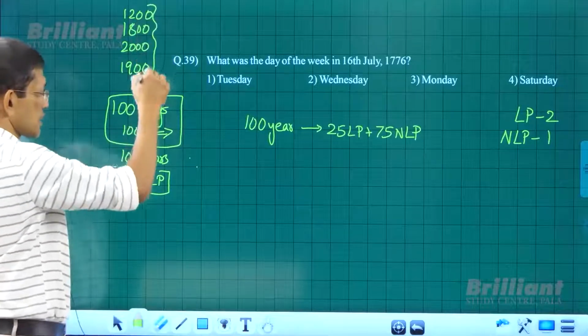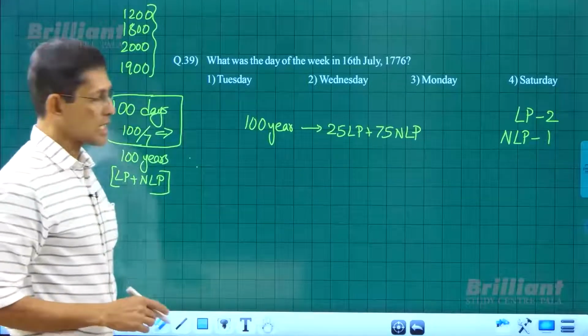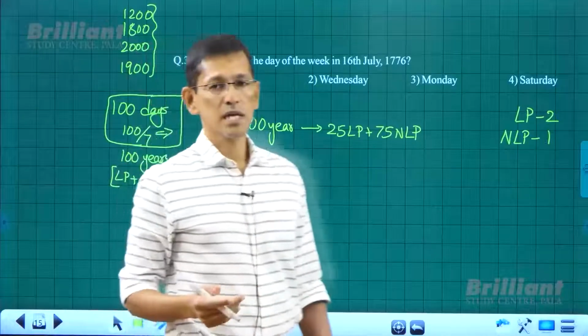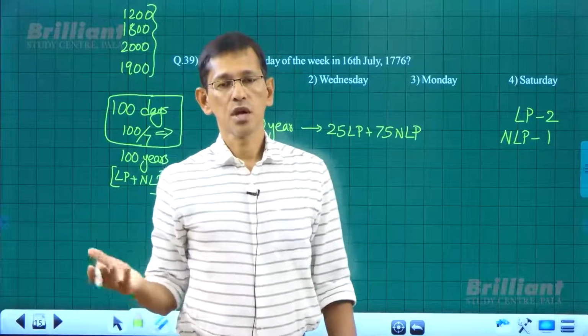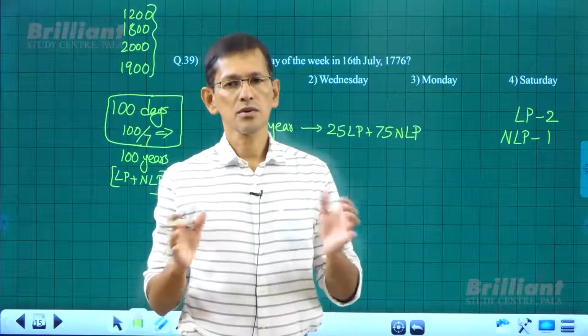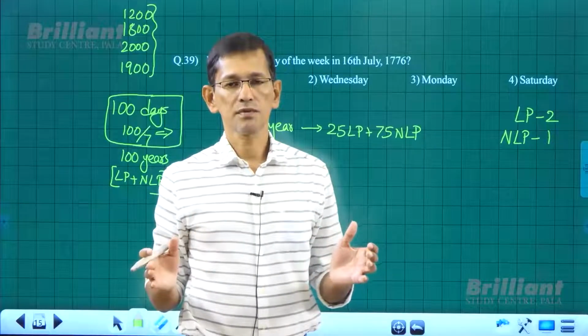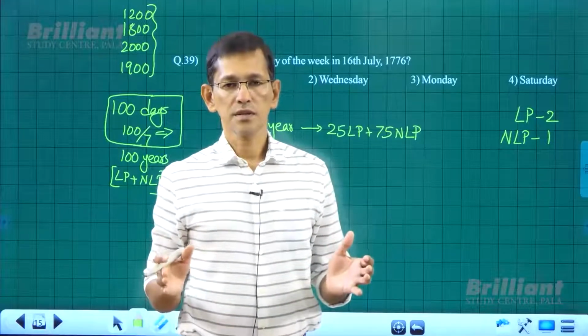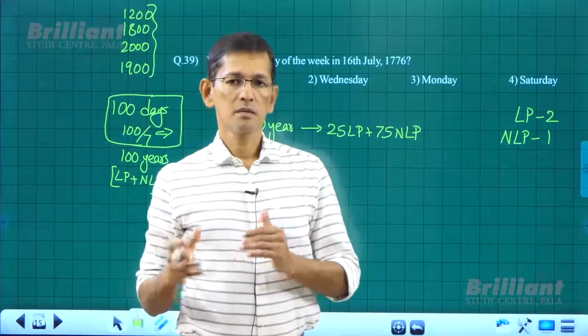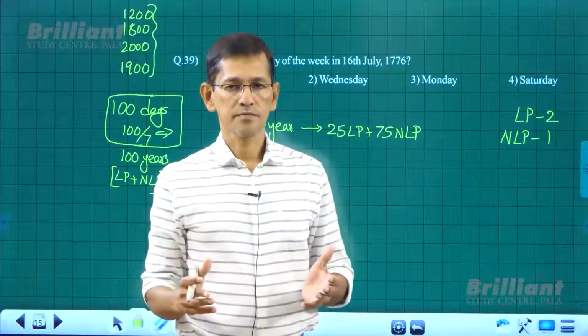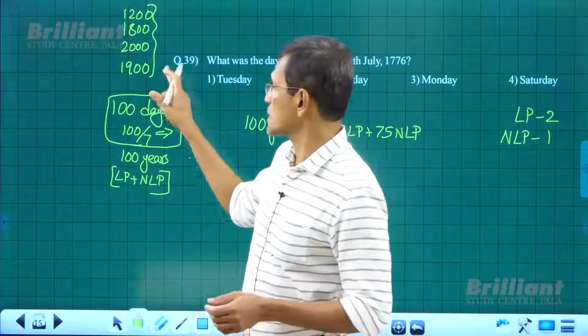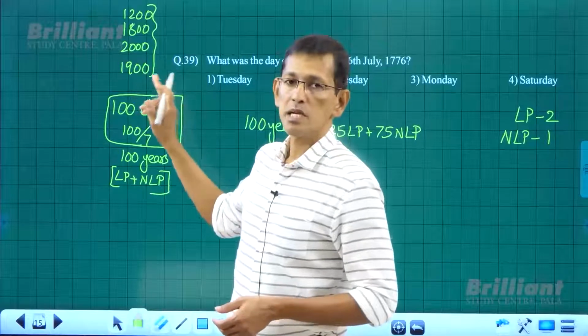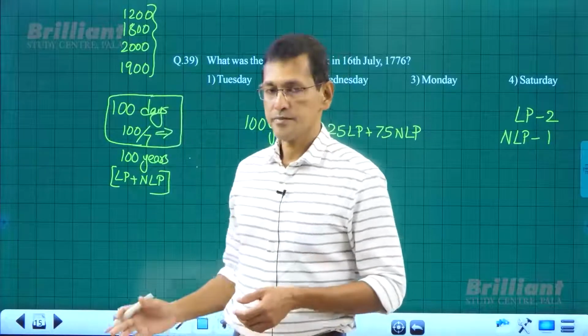But if it's a normal year, like 1952 or 1971, those are not century years. If it's a leap year, it must be a multiple of 4. But for the century years, if it's a leap year, it must be a multiple of 400.